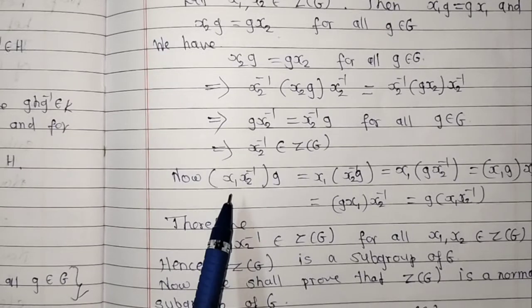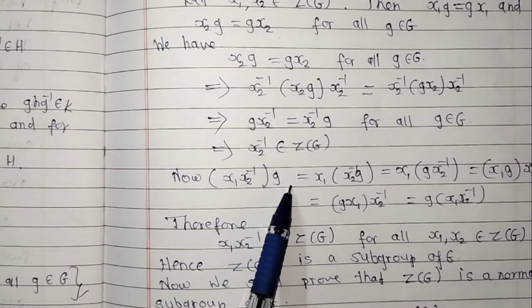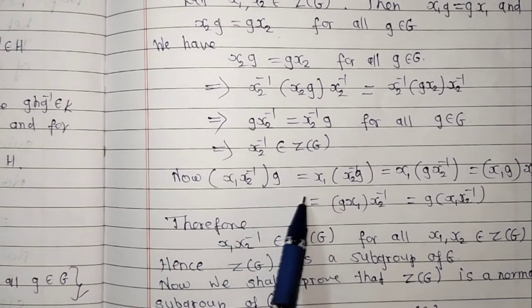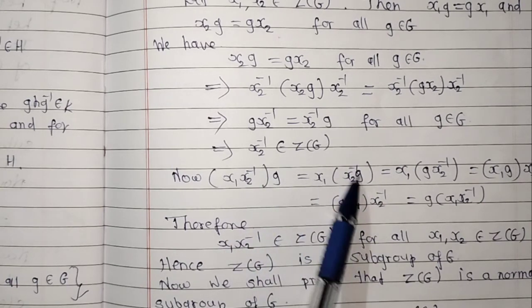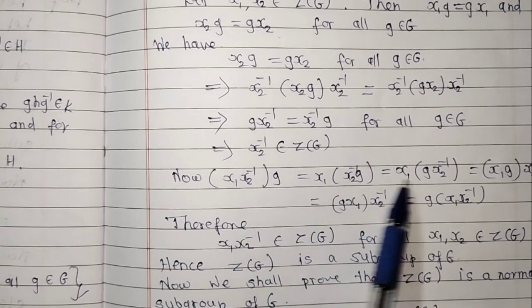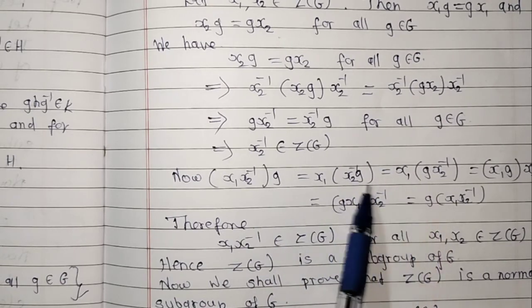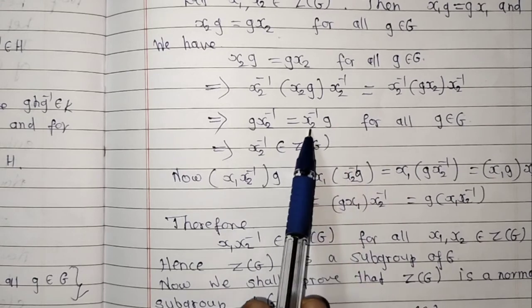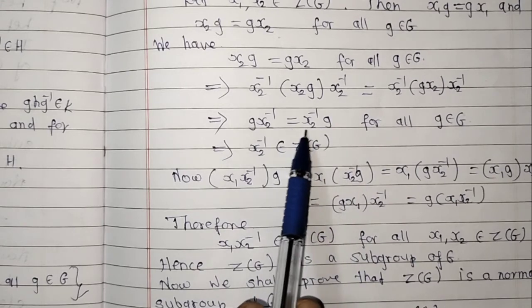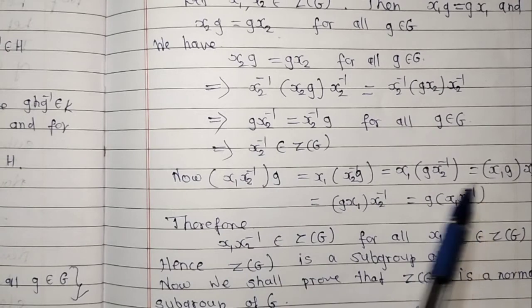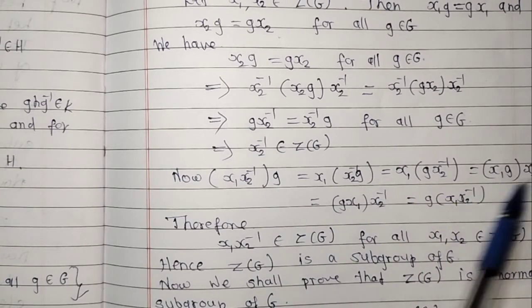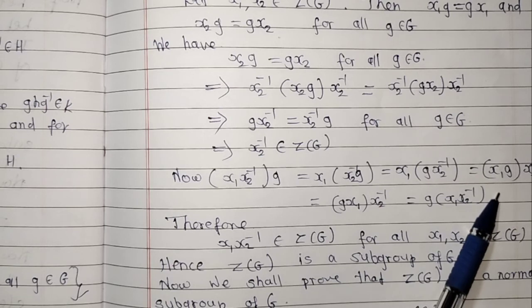Then we consider (x1 x2 inverse) g equal to x1 (x2 inverse g) by the associative property, only the bracket is changed, which is equal to x1 (g x2 inverse), which is equal to (x1 g) x2 inverse. That is, only the associative property is used.